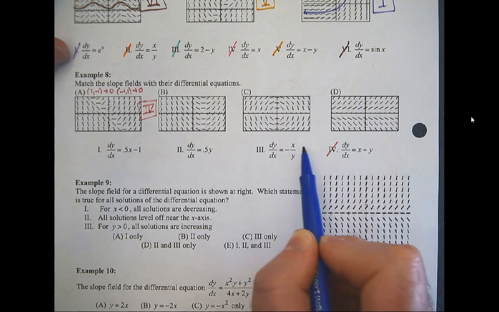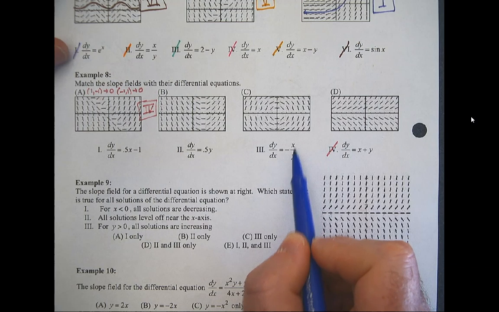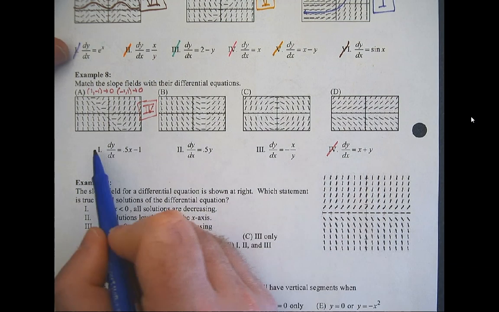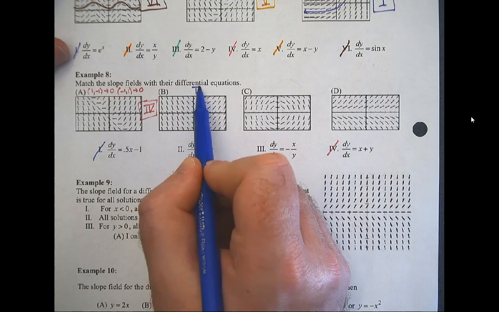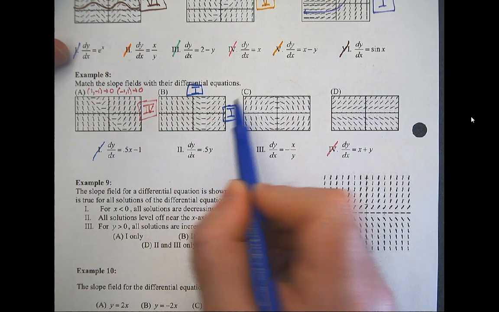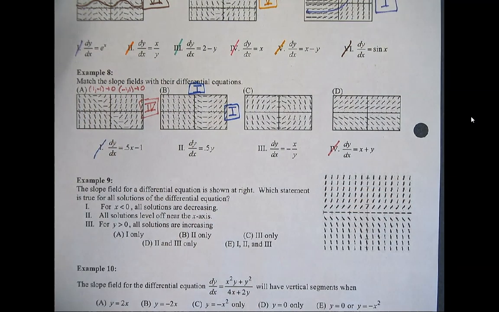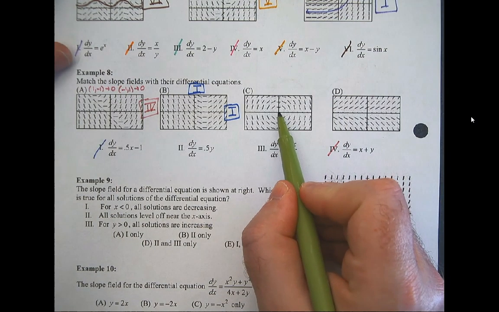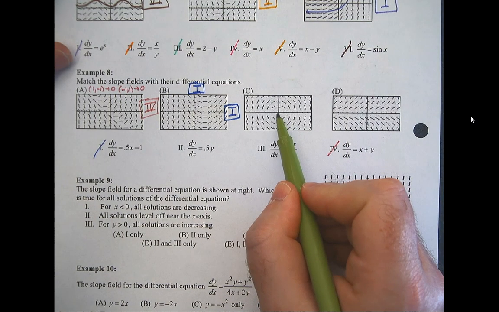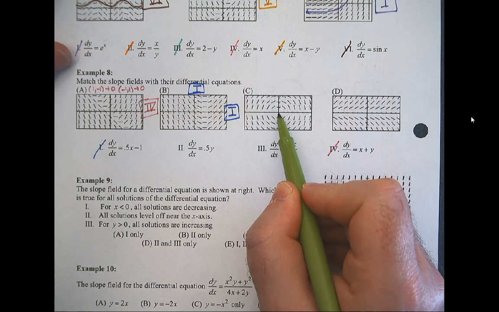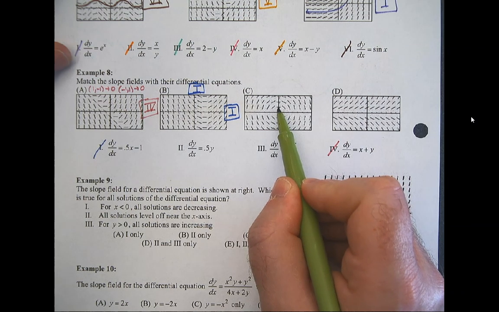Plug in 2 over anything is not going to be 0, and 2 plus anything doesn't always end up being 0, so this has to be 1.